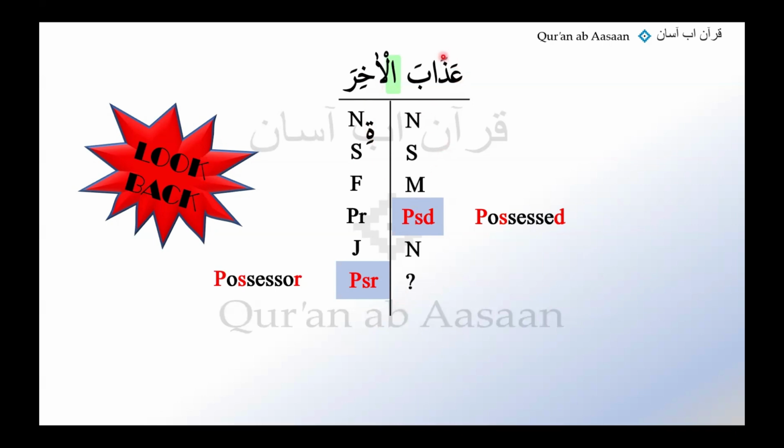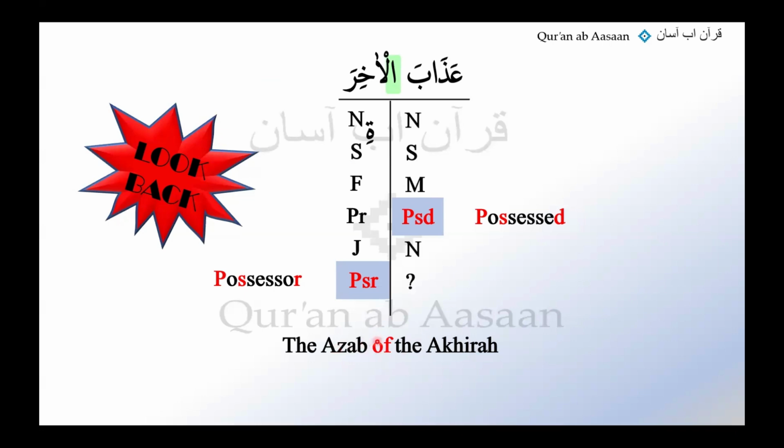The azab of al-akhirati. Azaba is possessed by al-akhirati. Al-akhirati is the possessor of azaba. We can show this by adding this "of" here. The azab of the akhirah. And always remember the important thing, which I have always been saying, is to recognize the grammatical relationship between the words.